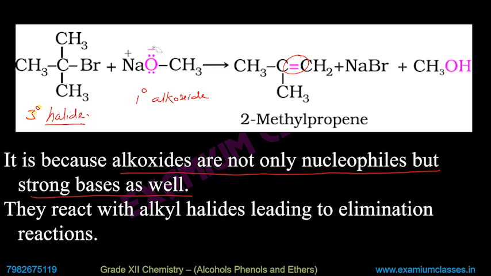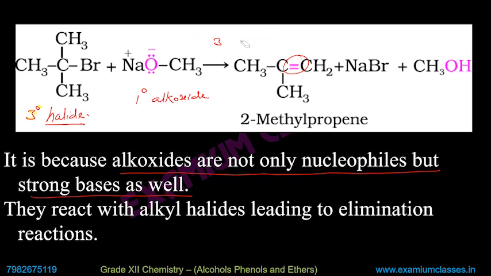Okay, so you might say that in CH3CH2OH also we have this oxygen having electrons. But why does it not work as a base? Because it is not in the form of an ion, it is not willing to lose electrons. It can, yes, attack with these electrons as a nucleophile, but will not be willing to lose them.